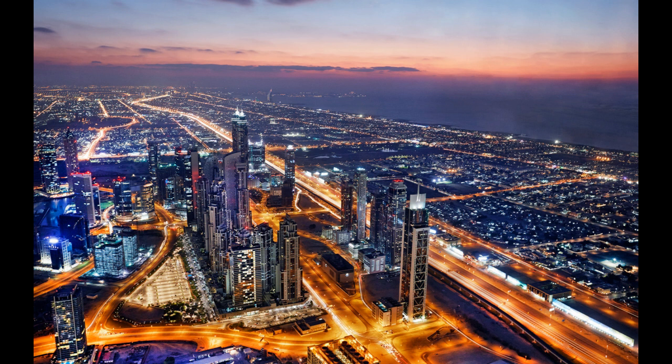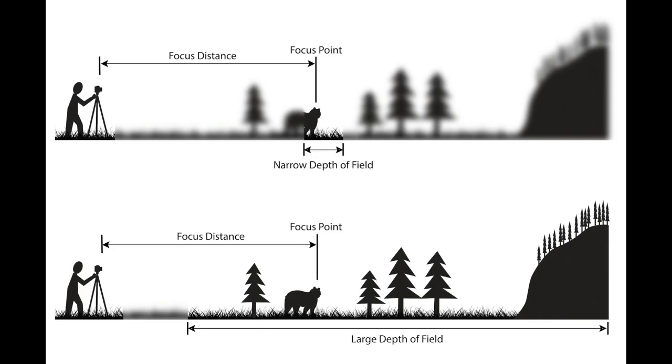Okay, now you have a basic idea of what depth of field is. Let's go a little further. Look at this picture. As you can see in the first part, the photographer is taking a photo of an animal. The picture is focusing only on the face, the front part of the animal.